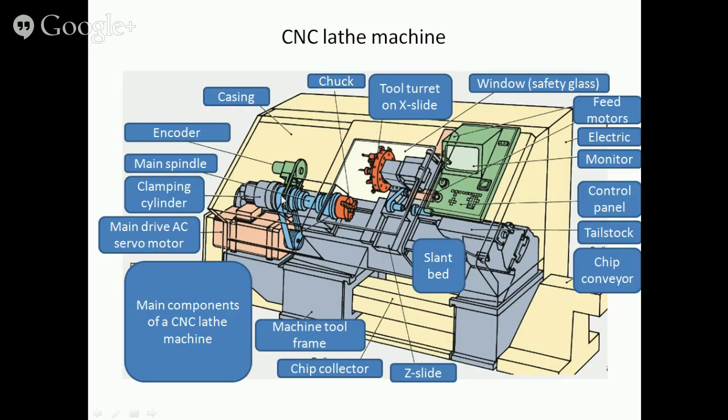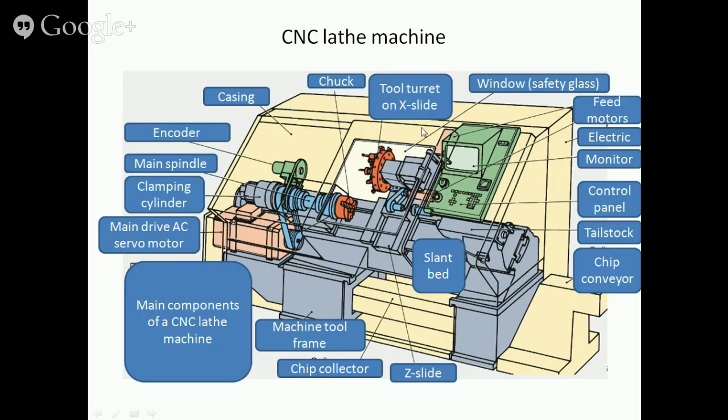Then we have the main spindle and a 3-jaw chuck for clamping of the parts. All these components are covered by a metal casing all around.